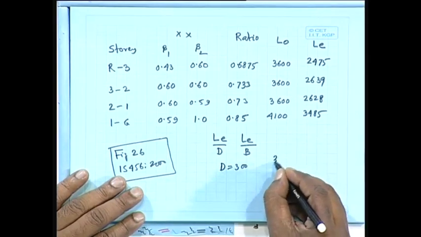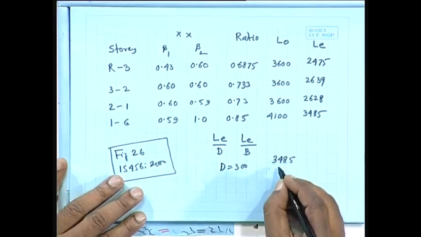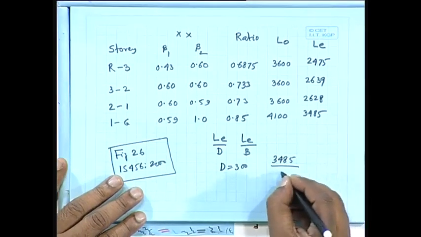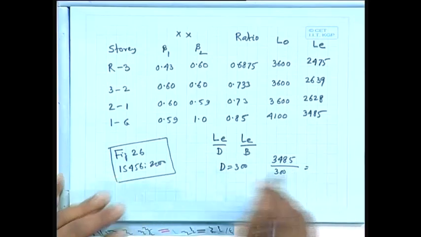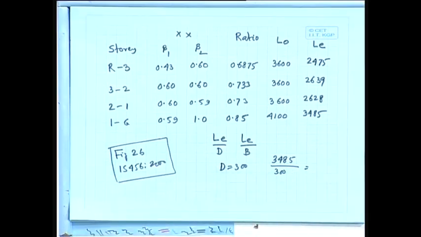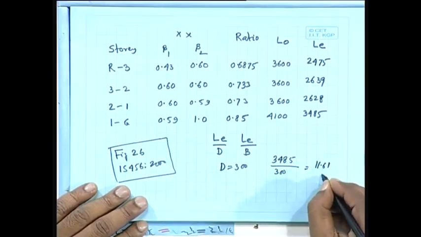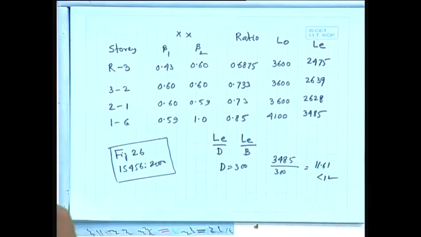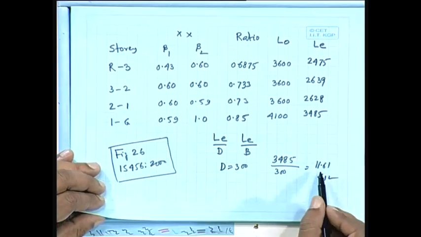One of the cases I can say 3485, that is the maximum one, and divided by 300, which is coming as say 11.61, so less than 12. But if it is say 250, 3485 divided by 250, in that case it is coming 13.94. If we take that same case, say 250, then it will be greater than 12. Then in that case you have to design it as a long column.